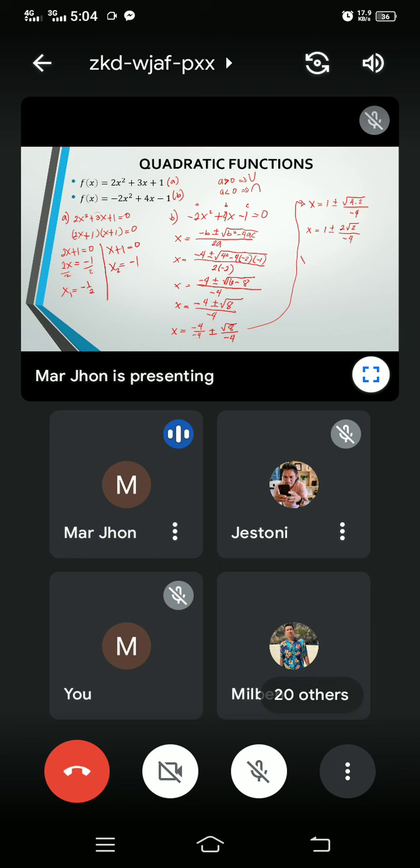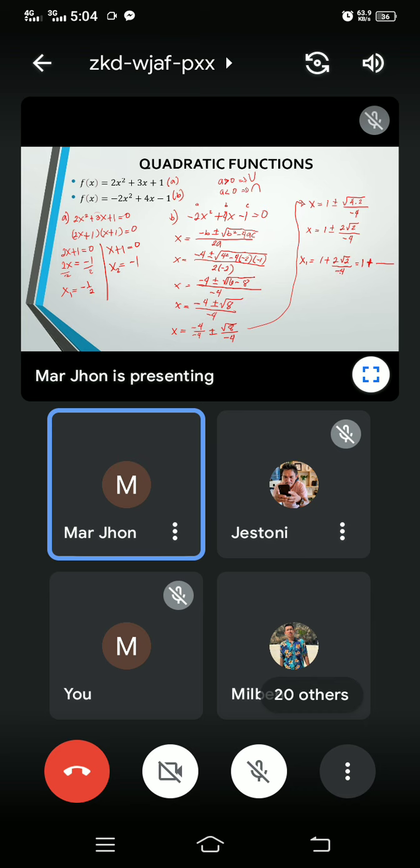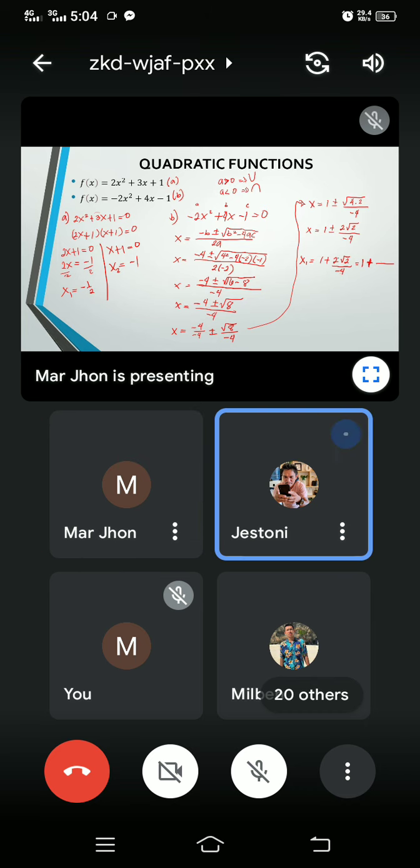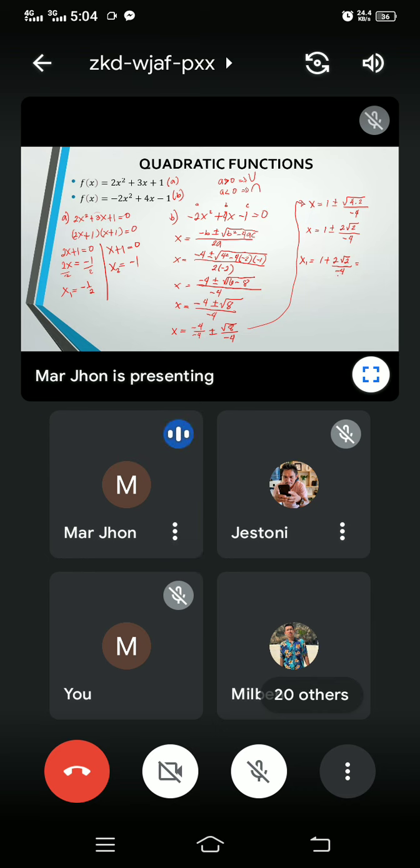So we have x sub 1. Let's say positive 2 square root of 2 over negative 4, which is equal to 1 plus. It's divisible, 2 over 4 is 1 half, right? 1 half.